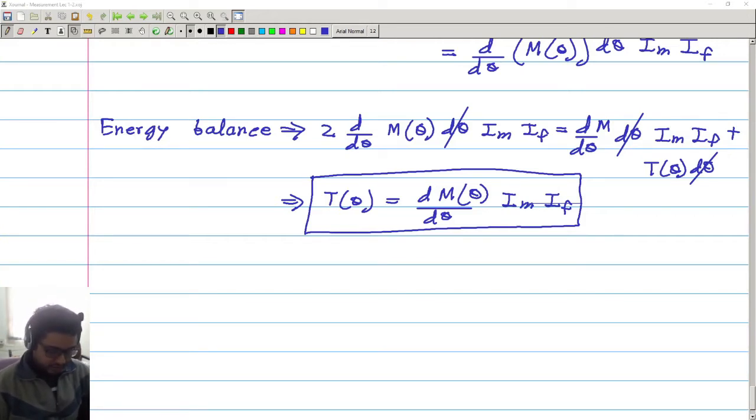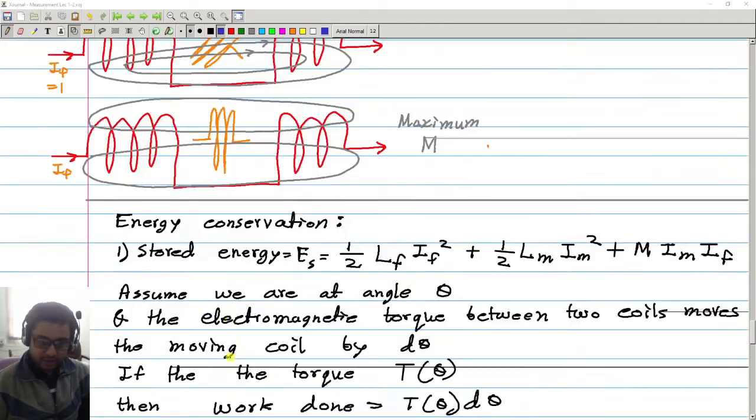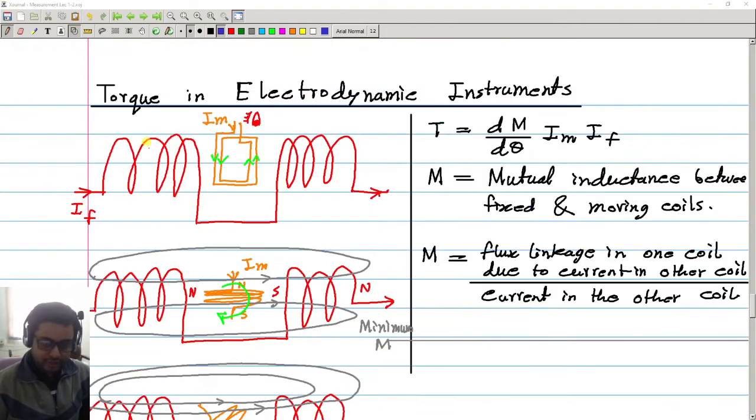Acha, let us think. Firstly, in our derivation we are assuming inductance only. A constant voltage source itself is a bit nasty, because that will keep increasing the current in an inductor.